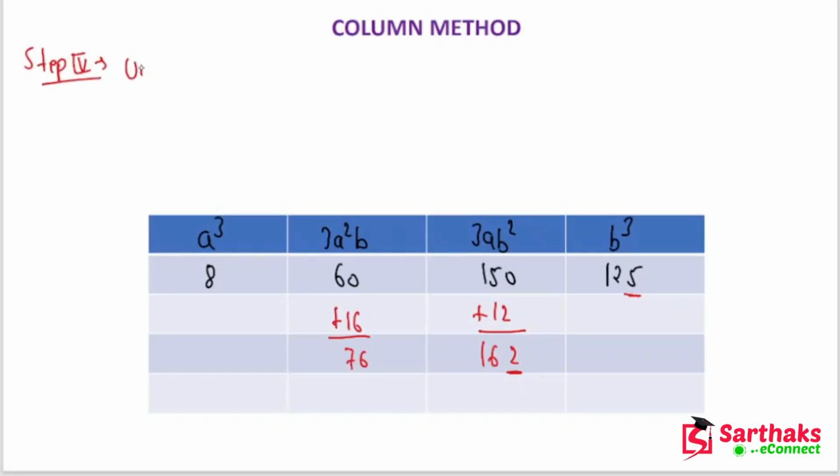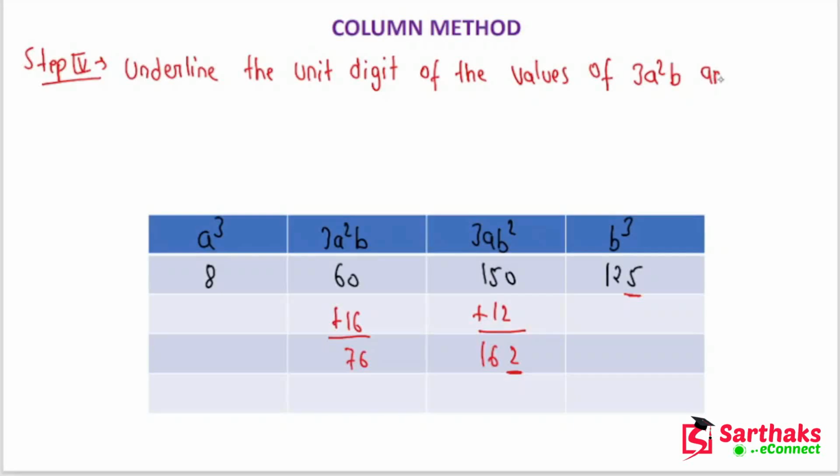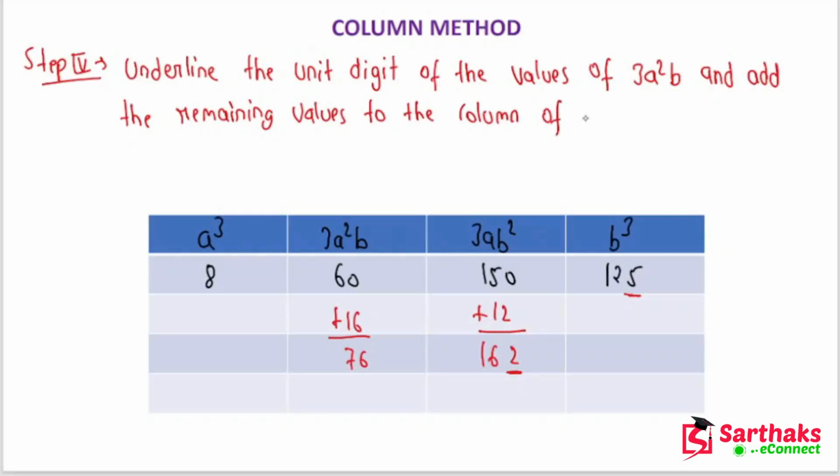Okay, so it says that underline the unit digit of the values of 3a square b and add the remaining values to the column of a cube, right?